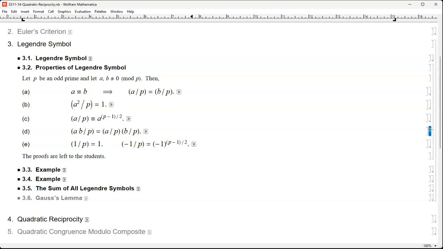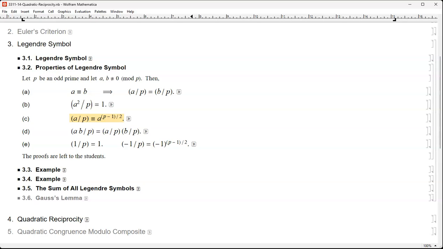Basically 1 times 1 is 1, negative 1 times negative 1 is positive 1, 1 times negative 1 is negative 1, negative 1 times positive 1 is negative 1. Manually, you can check. And then 1 over P is always 1. That's really simple: 1 squared is 1. Negative 1 over P is negative 1 to the (P minus 1) over 2 power.